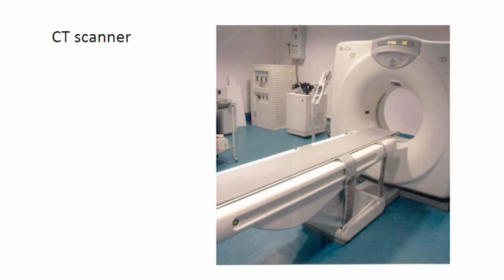Couch or bed can be moved in or out of the annular gantry. Source and detector can be rotated to cover the whole slice scan of the tissues of interest. Helical movement of the tube or movement of the patient in and out can create images in various transverse planes, and by combining these 2D images, 3D images can also be reconstructed.